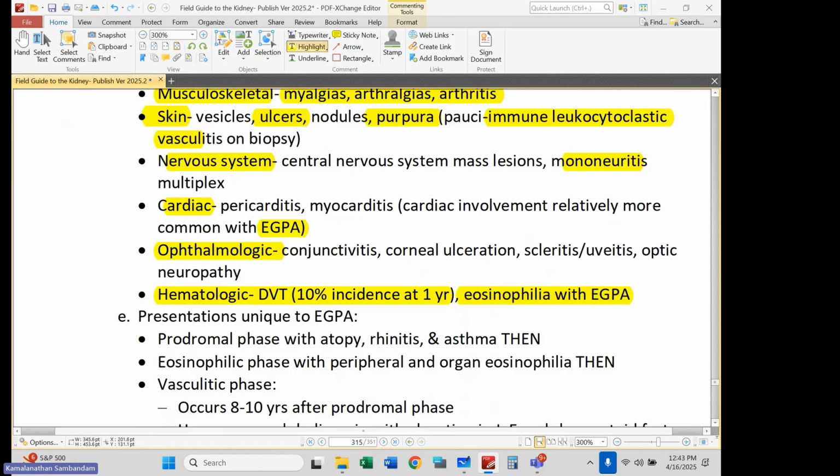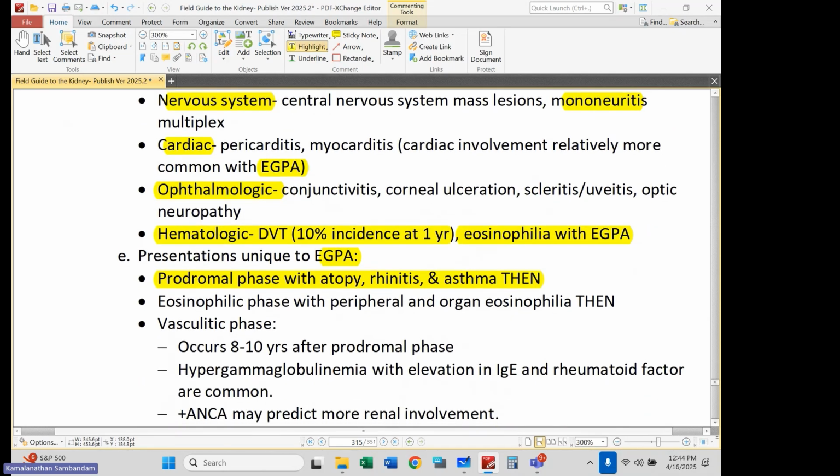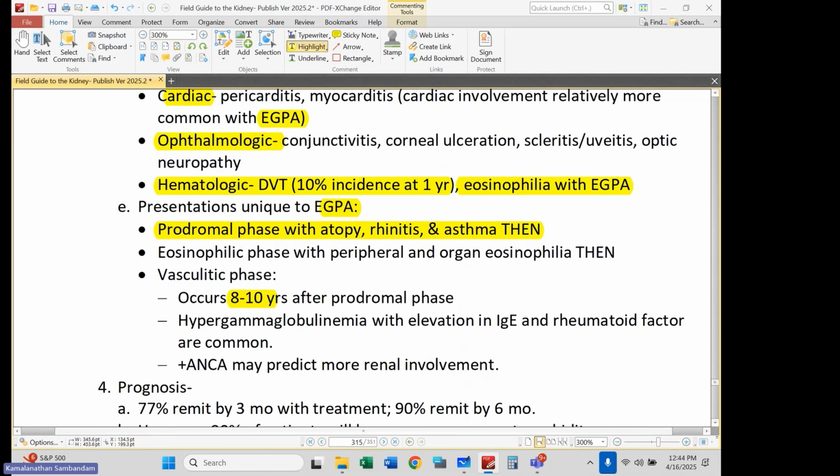And typically, EGPA presents with a prolonged phase of atopic manifestations like asthma or eczema, and a peripheral eosinophilia that can go on for even a decade, right, before manifesting vasculitis.